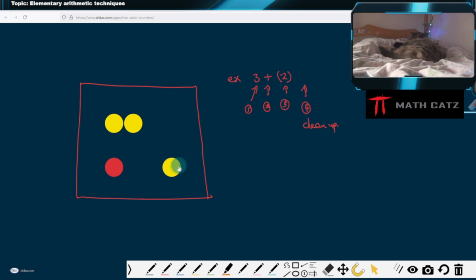So those cancel each other, and these guys as well will cancel each other, and they're now off the table to give us our value, as we have previously, of 1 positive chip.